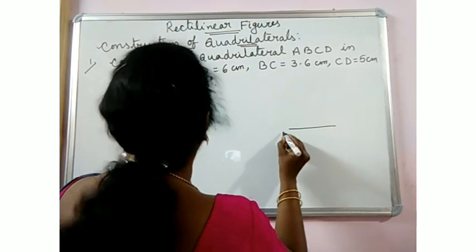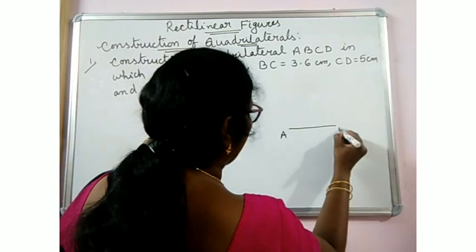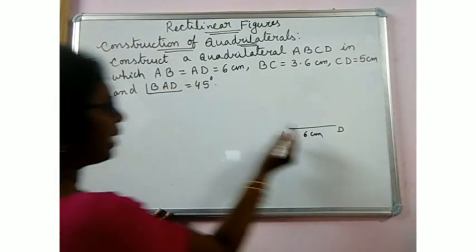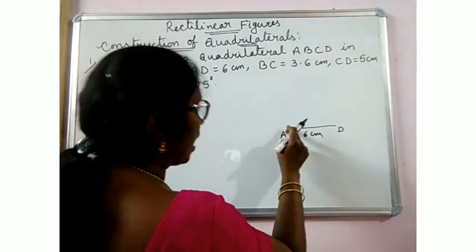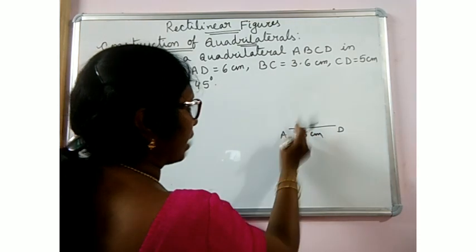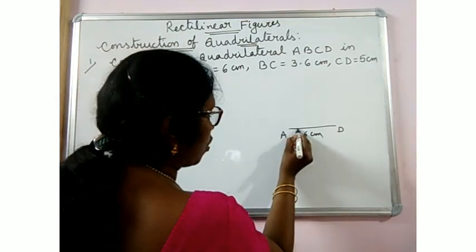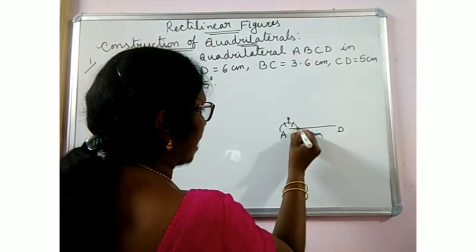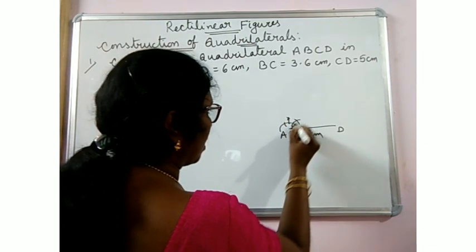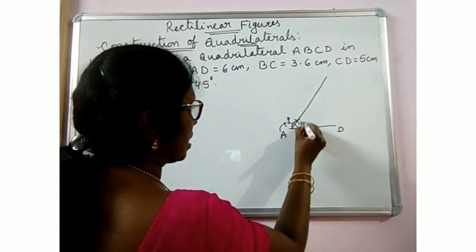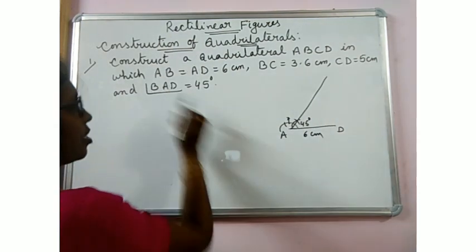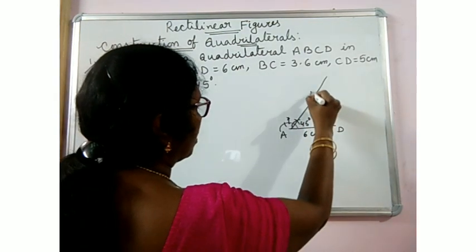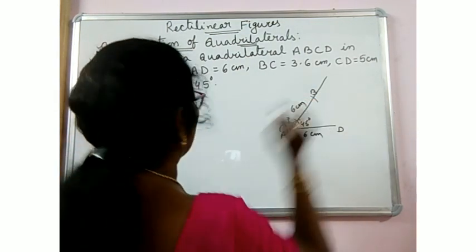I am drawing a rough diagram. Let me take AD as the base. If AD is 6 cm and angle BAD is 45 degrees, B is somewhere there. I am doing the rough figure. This is 45 degrees, and AB is 6 cm, so from A give an arc of 6 cm.